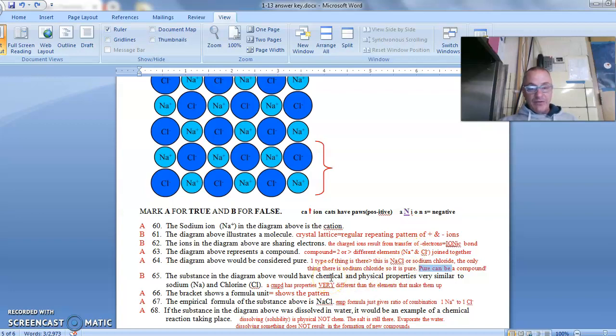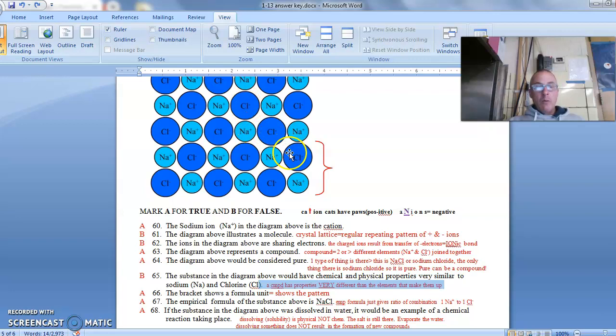65. The substance in the diagram above would have chemical and physical properties similar to chlorine and sodium, which are making it up. No, no, no. Compounds have properties very different than the things that make it up. Sodium is a silvery, soft, highly reactive metal.